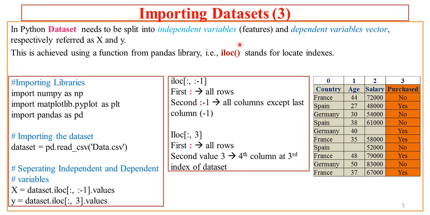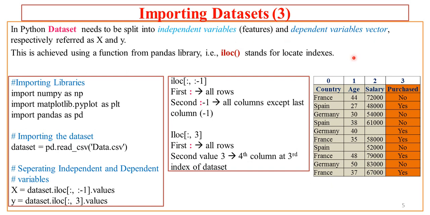We want to divide our data in such a way that we have one part which is to be predicted based on another part, that is the independent part of the dataset, on which the dependent part is to be predicted.